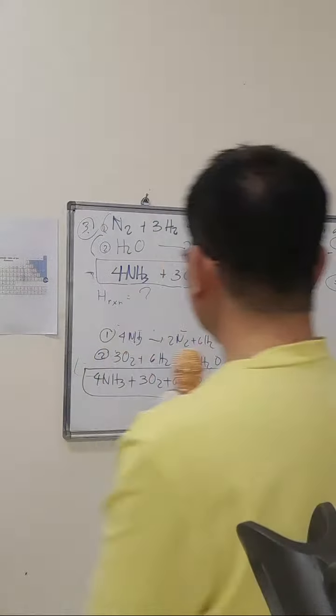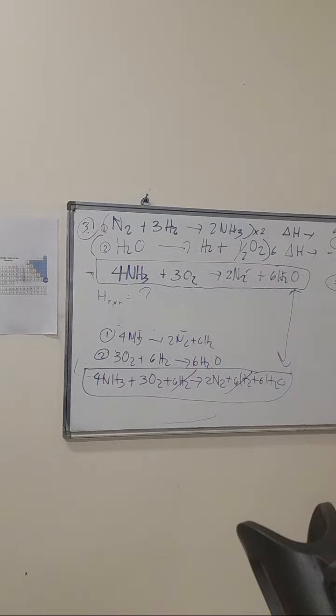Now this is the time we need to add now the enthalpy of reaction in each particular equation. So we said delta H of reaction is equal to the delta H in equation 1, okay, which is equal to the positive 184 kilojoules, plus the delta H in equation number 2.